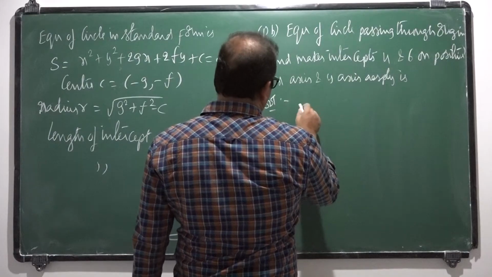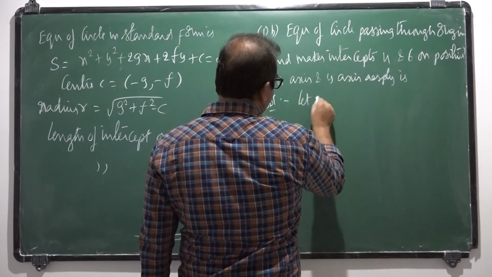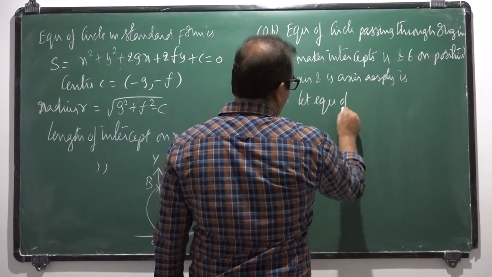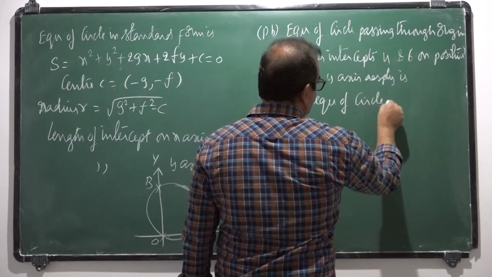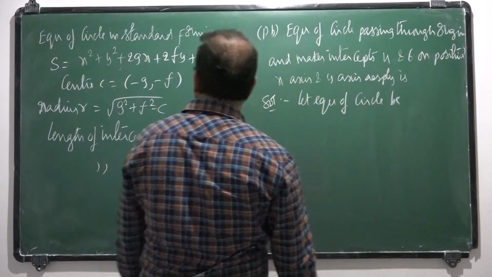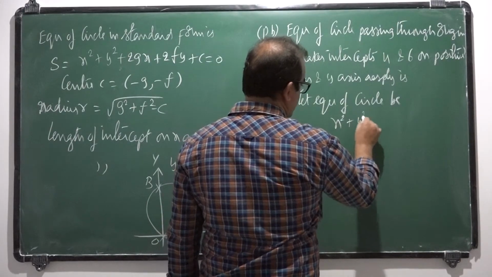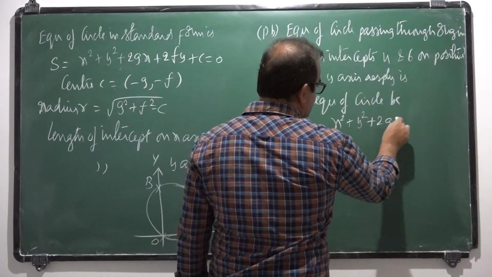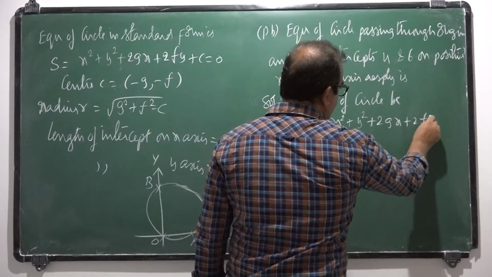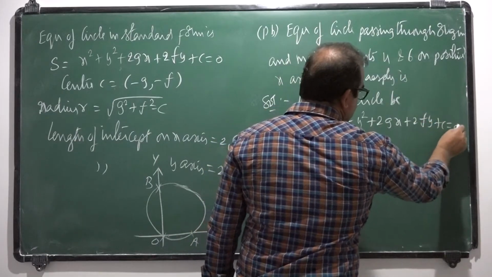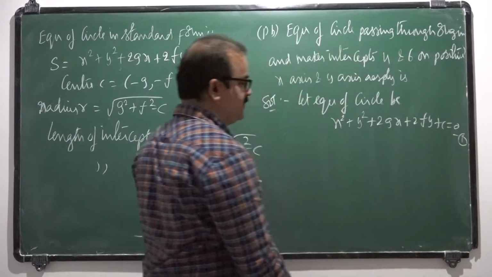Here, let the equation of the circle be the standard form x² + y² + 2gx + 2fy + c = 0. Let it be equation 1.